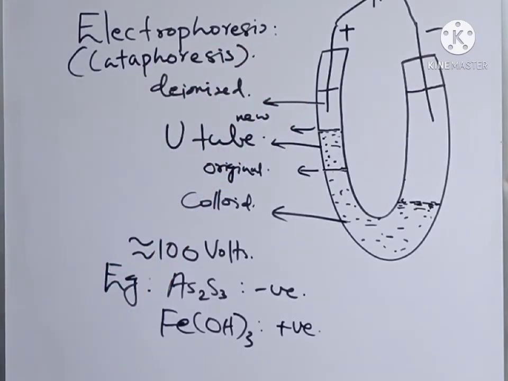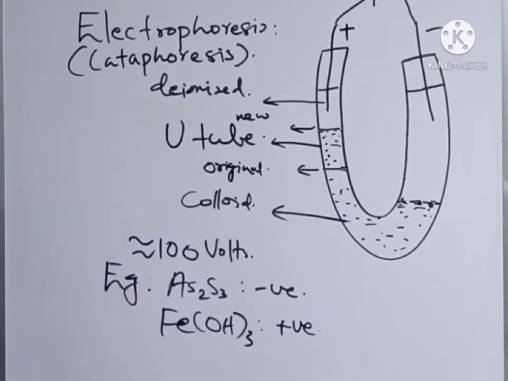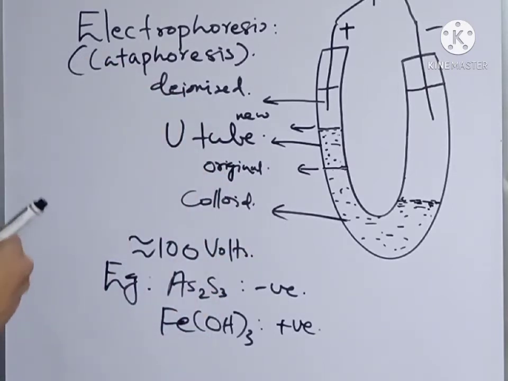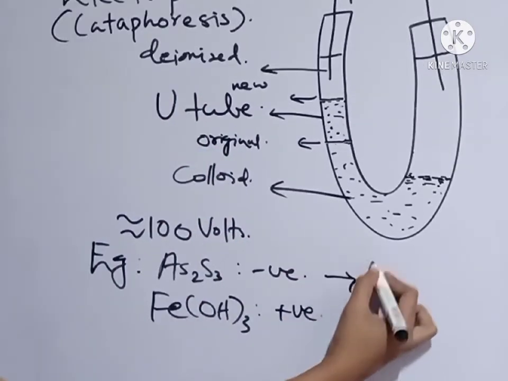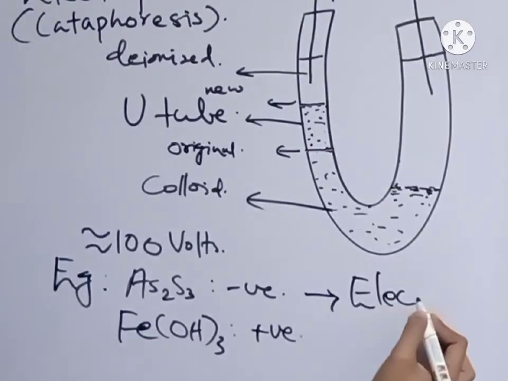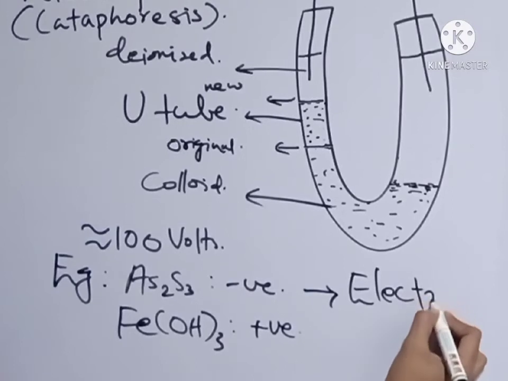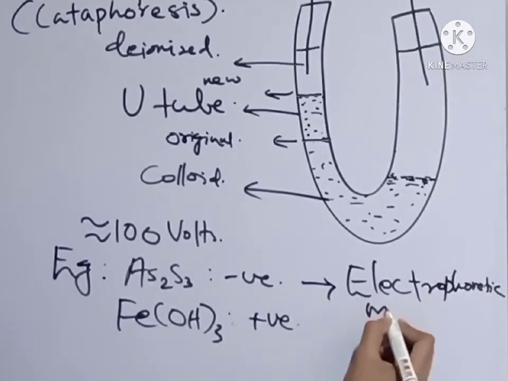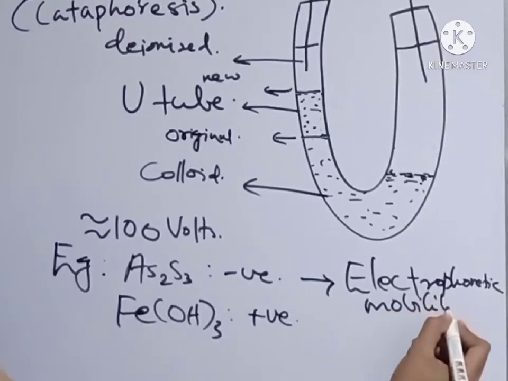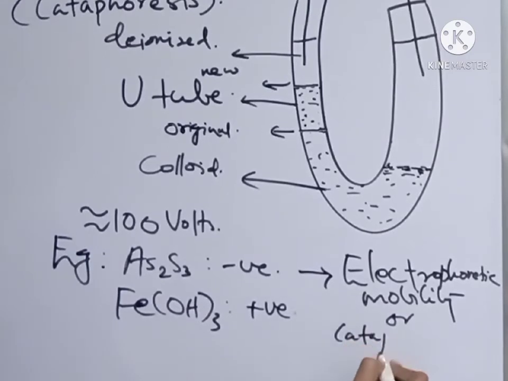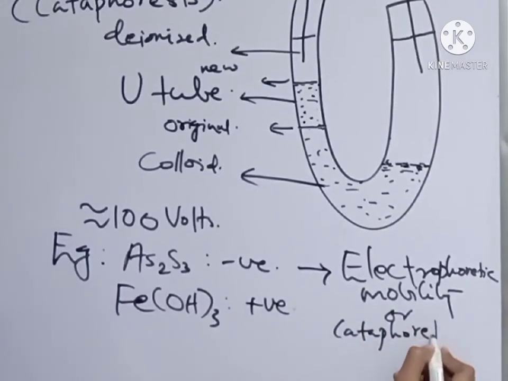Now, if we talk about the speed of the colloidal particle, it can be represented using a term called electrophoretic mobility, or cataphoretic mobility.